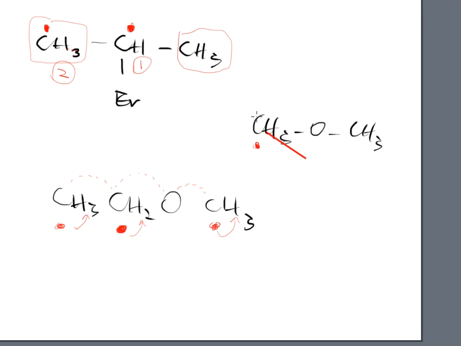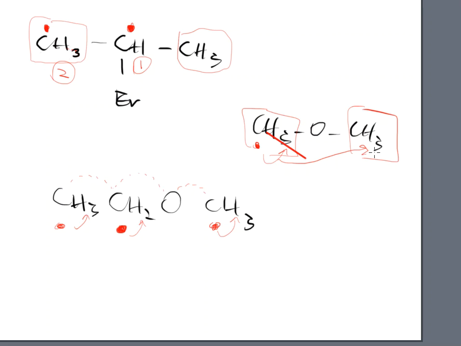So these two are equivalent to each other, because if I did replace the hydrogen with a bromine and name it, I would get the same name whether I did the left-hand one or the right-hand one. There's no difference. So I get one signal in the NMR, and this one signal is going to include those 3 as well as those 3. So a total of 6 will be represented in that signal that I get from the instrument.